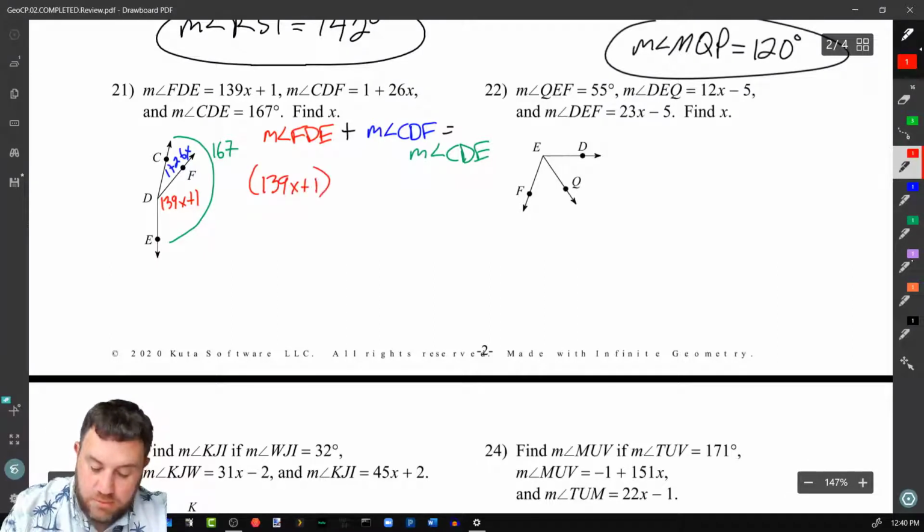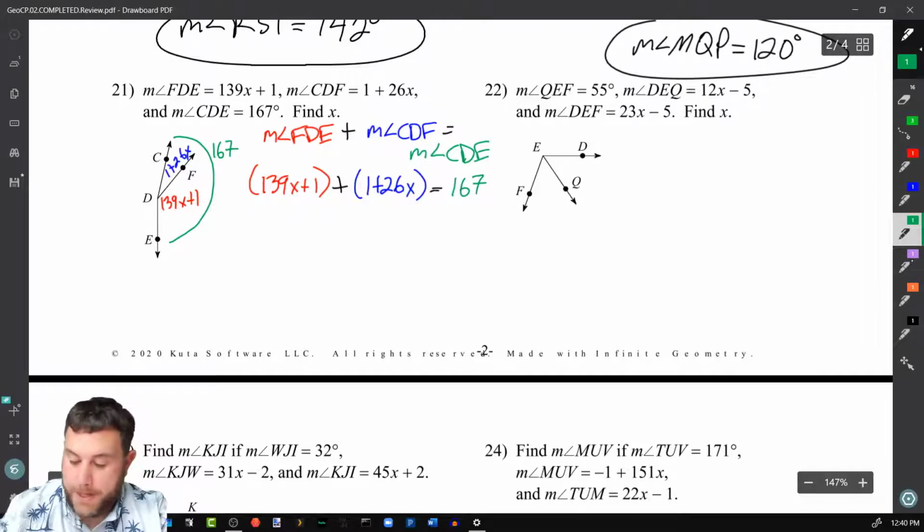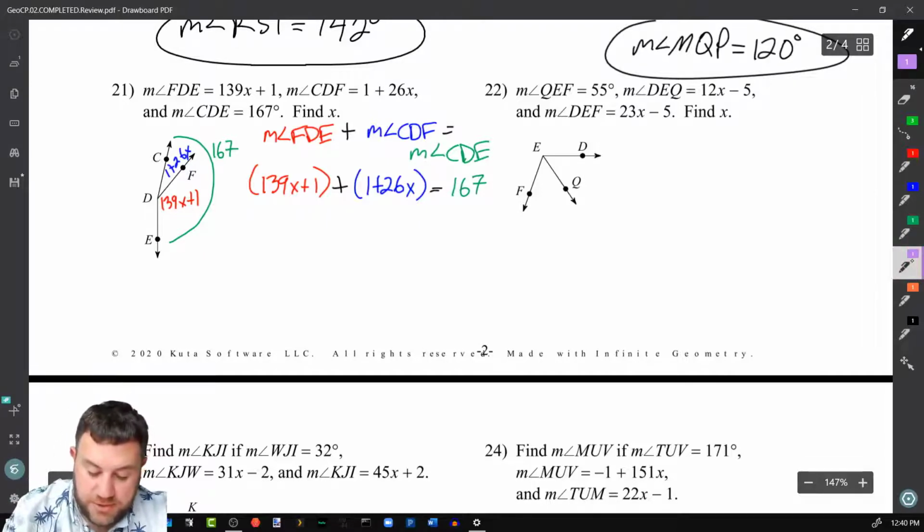139x plus 1 plus 1 plus 26x equals 167. Combine your like terms.